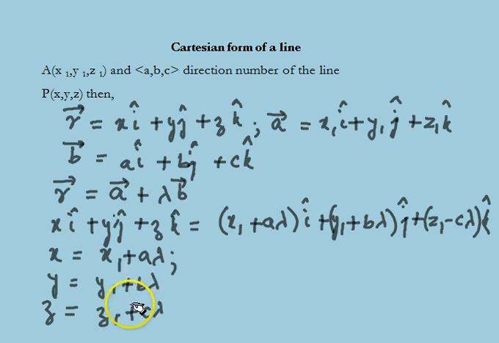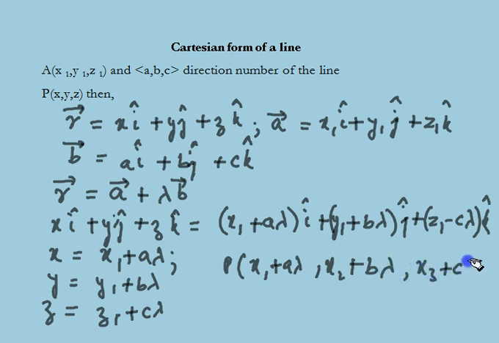These are known as the parametric form of the line, and any point on the line is P: x1 plus a lambda, y1 plus b lambda, z1 plus c lambda.